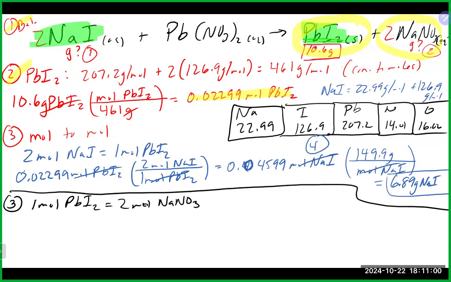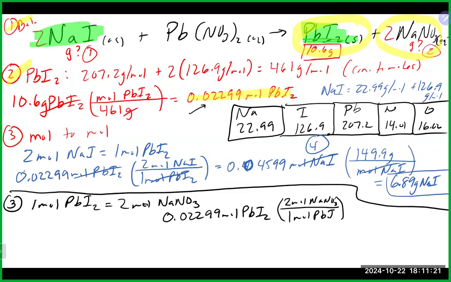So taking our moles that we had here, we'll go 0.02299 moles of PbI2 using the relationship from the equation, 2 moles of NaNO3 up on top, 1 mole of the PbI2 on the bottom.